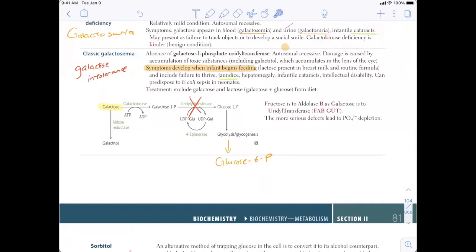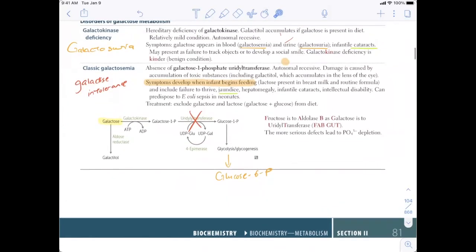Everything, right? Galactose will accumulate, galactose 1-phosphate will accumulate, galactitol will accumulate as well. Everything downstream this way will begin to accumulate. So galactitol, for example, can accumulate in the eyes, and that's why you can have eye symptoms and cataracts, just like your galactokinase deficiency.